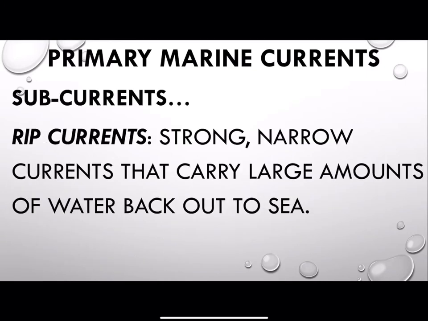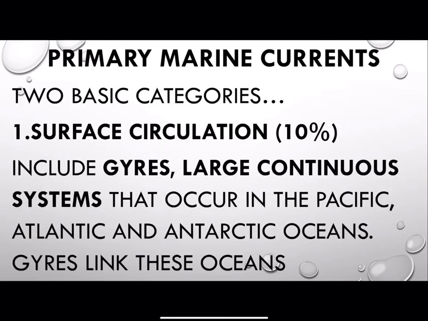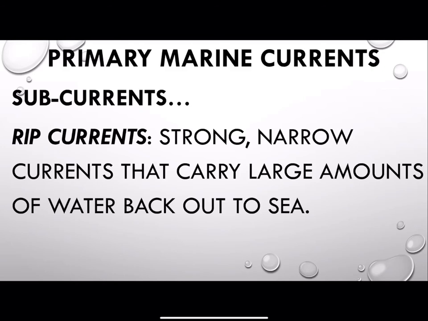So, two basic categories. Next, under the surface circulation, we have subcurrents, and one of them is known as rip currents. Rip currents are strong, narrow currents that carry large amounts of water back out to sea. And actually, this is the current that you would feel when you are standing at the edge of the ocean, at the beach, and the water comes out.